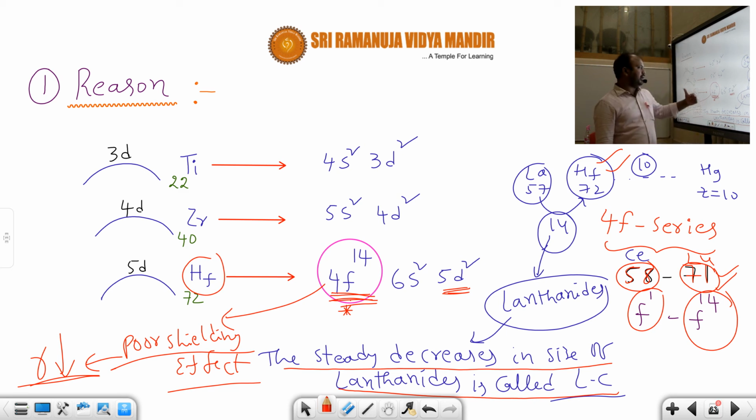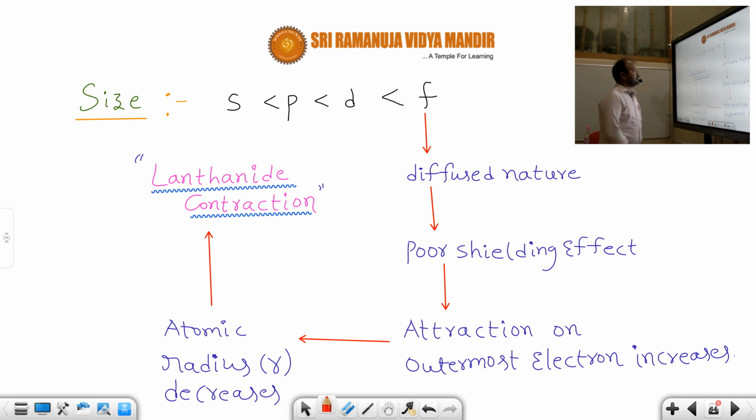So the hafnium radius is almost equal to the radius of zirconium. This is the reason why 4d series and 5d series elements have almost similar atomic radii, due to lanthanide contraction. Generally we know that hafnium is atomic number 72, so 71 means lutetium.